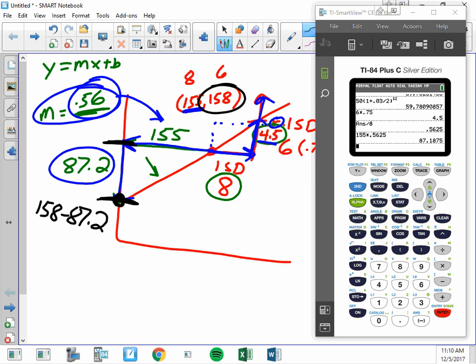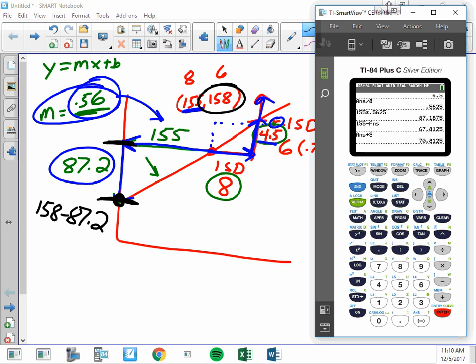Okay, and we'll do this again and again. So, what does 67.8 tell us? Oh, 158? I'm sorry. So I need to add 3 to this. So, what does 70.8 tell us?